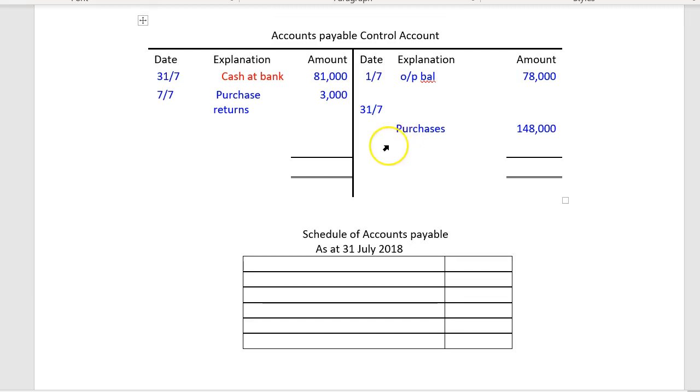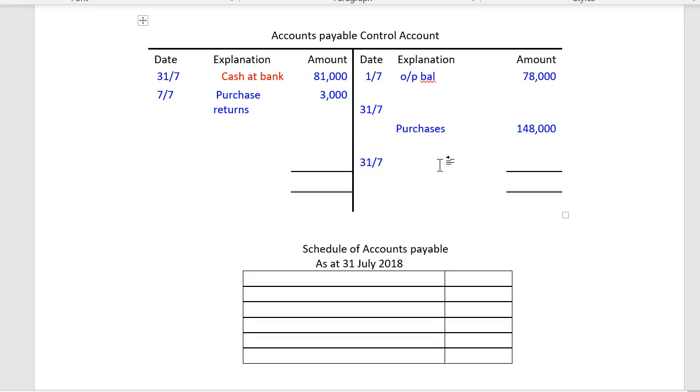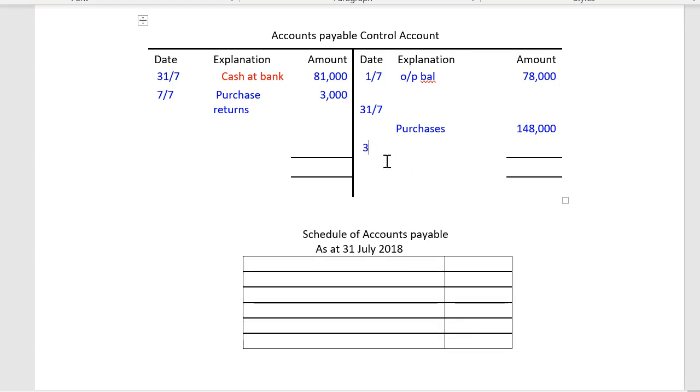Okay, so 31st of July, you record balance carried down. You can get the totals first. This is 226,000, and this is 226,000.